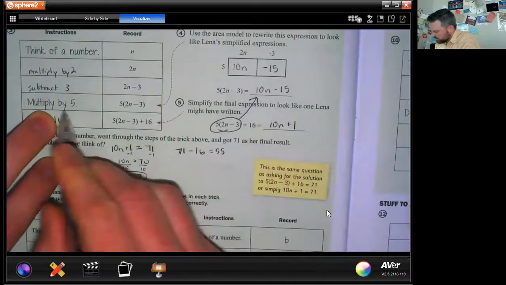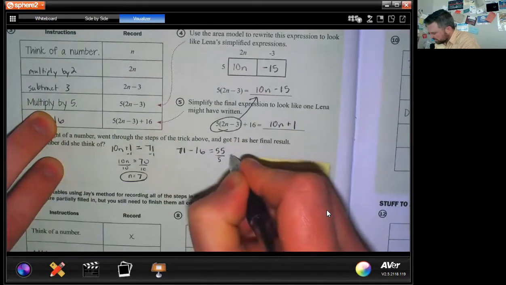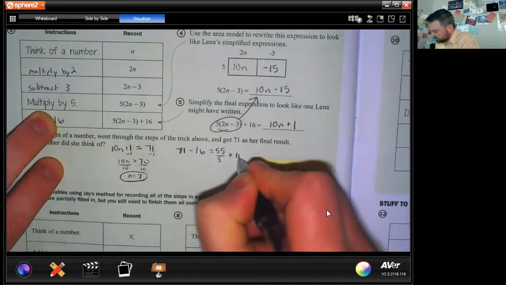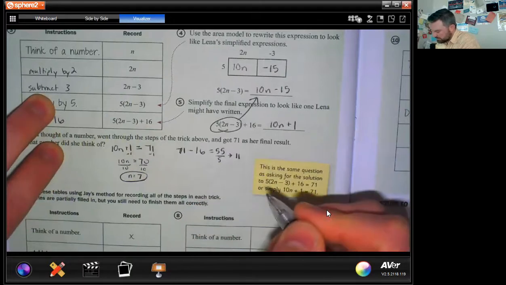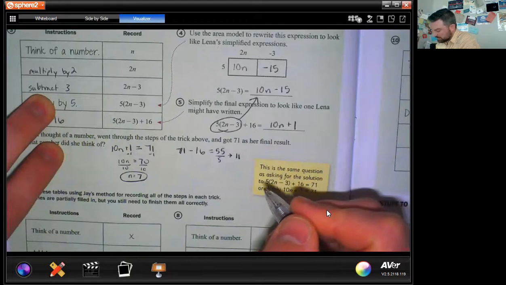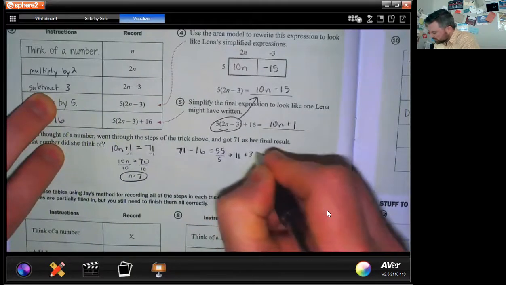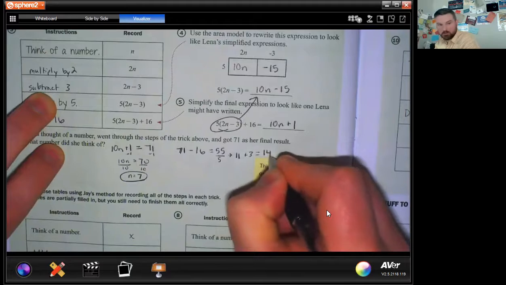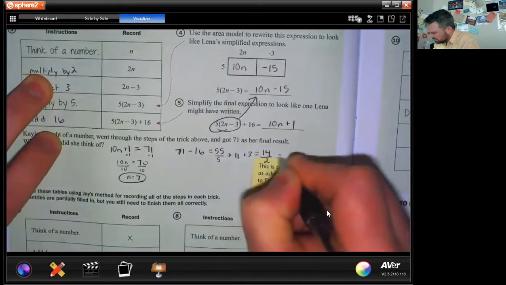Then instead of multiplying by 5, you're going to divide by 5, and that equals 11. Then instead of subtracting 3, you're going to add 3, which equals 14. Instead of multiplying by 2, you're going to divide by 2, and you get 7.